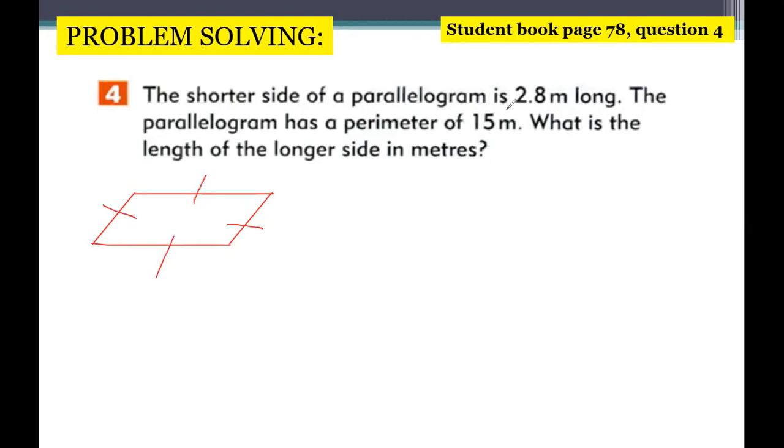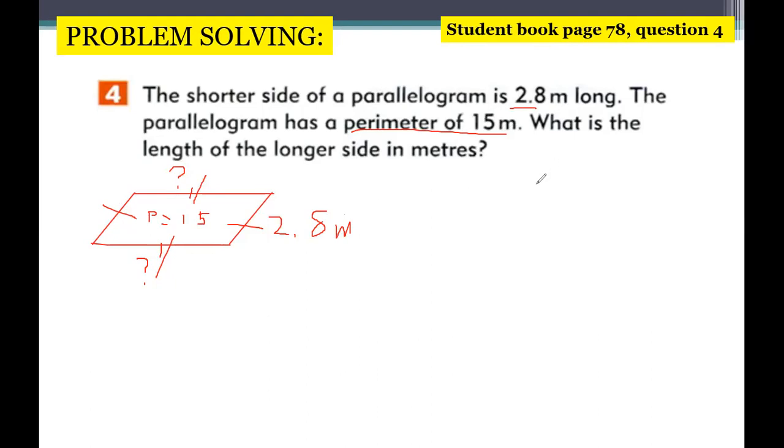So we say here the shorter side of a parallelogram is 2.8 meters long. So this is 2.8 meters long. And the perimeter is given. The perimeter is 15 meters. What is the length of these two? Remember, they are equal, and also these are equal.